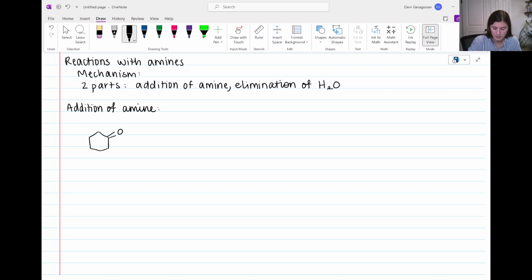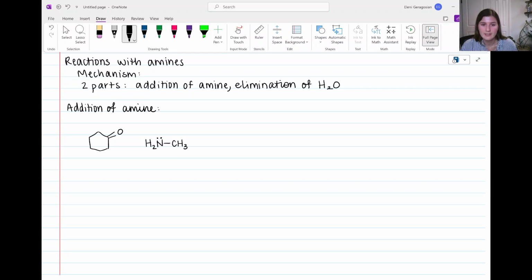But here we'll start with this ketone, and then we will add methylamine. So the R group in the primary amine is the methyl group. Now, nitrogens, when they're neutral, have a lone pair of electrons, and nitrogens are not very electronegative. They are electronegative, but not to the same degree as oxygen or halogens or some other atoms on our periodic table.